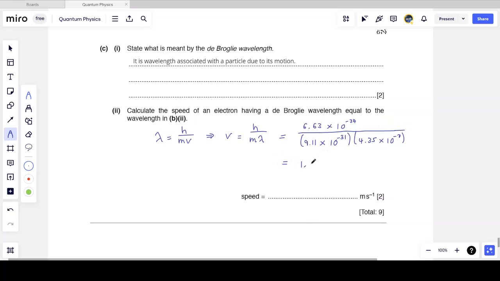And this is a very high speed indeed, 1.67 times 10 to the power 3 meters per second. Not impossible, but still a very high speed. 1,670 meters per second will be required by the electron if it were to have the same wavelength as a violet blue photon.